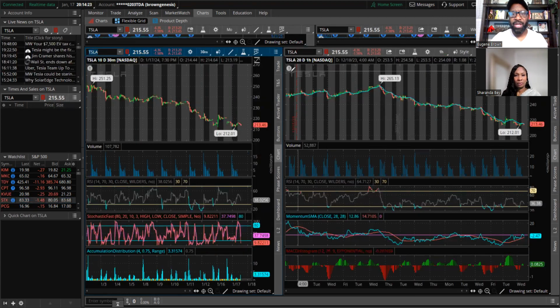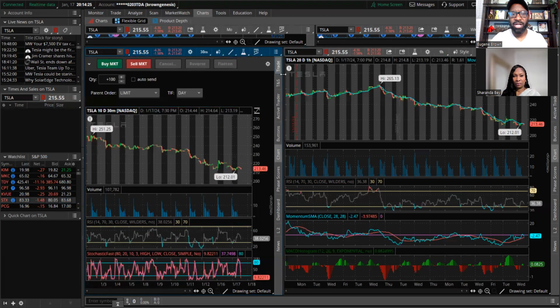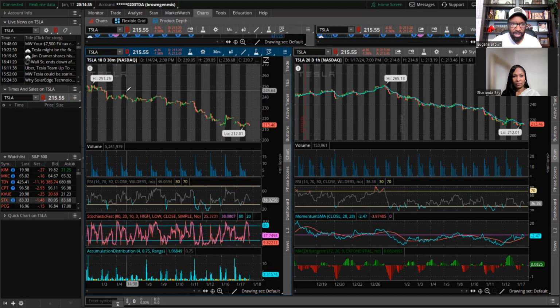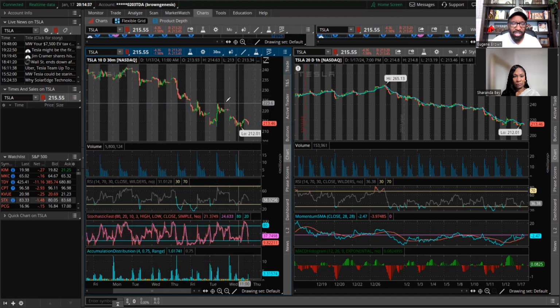And I would drill down into the smaller time frames of whatever I'm looking at to find where there is an entry point for it. So Tesla, you can see we're in this downtrend.